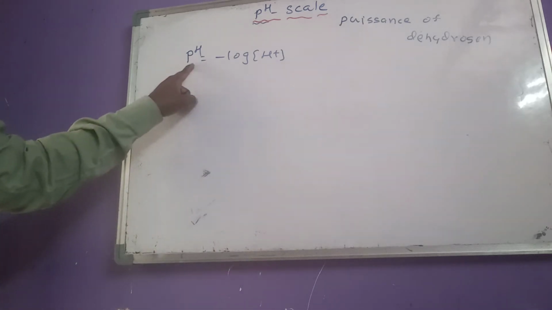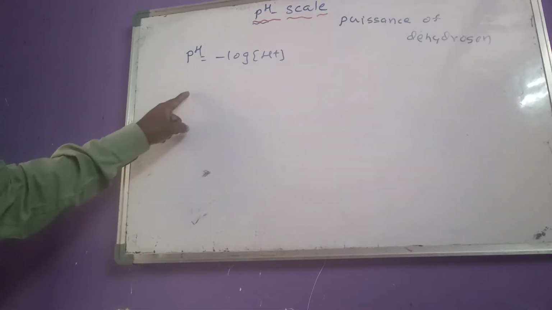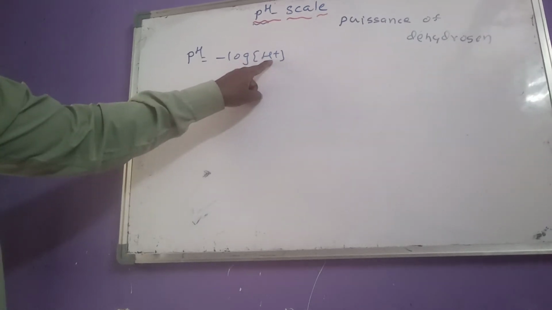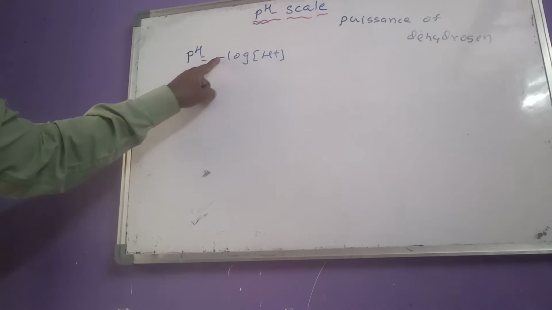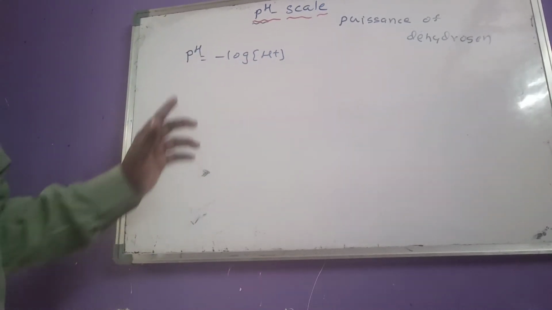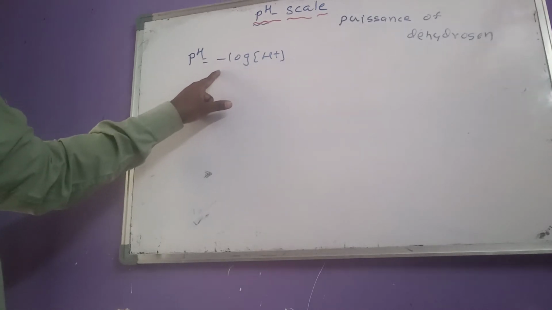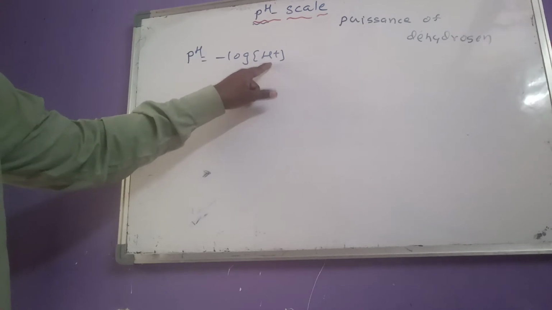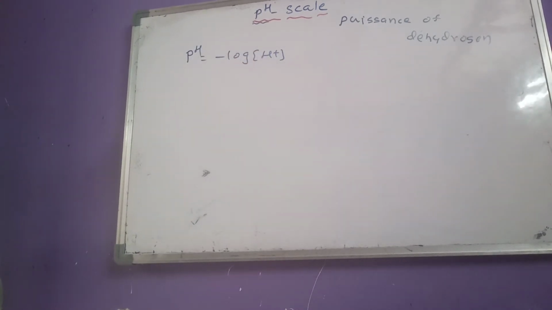So now, based on this formula, what is the definition? Here we have taken the logarithm of H plus ion concentration and applied a negative sign. So the negative value of the logarithm of H plus ion concentration in aqueous solutions, or in any solution, is known as pH.